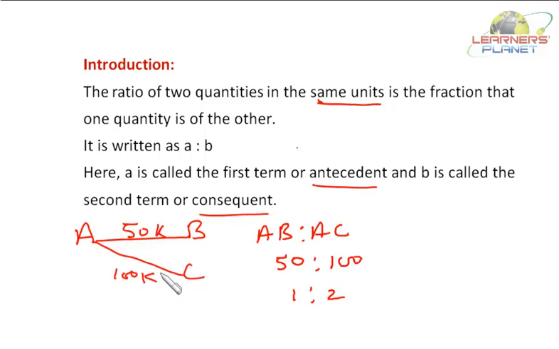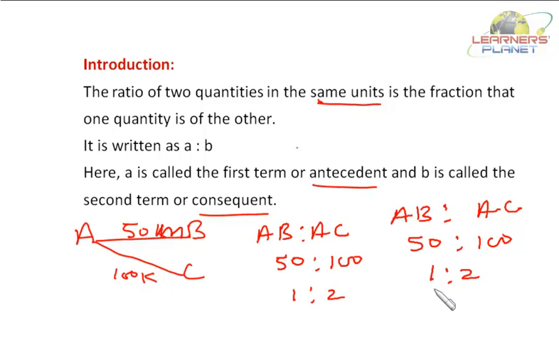Now if the distances are not carrying the same units, can I compare them? No. Let's see. Suppose this distance AB is, instead of 50 kilometers, say it is 50 meter. In that case, AB is to AC. Suppose I write 50 is to 100. Now here this distance is in meter and this distance is in kilometer. Now suppose I simplify the ratio and write 1 is to 2.